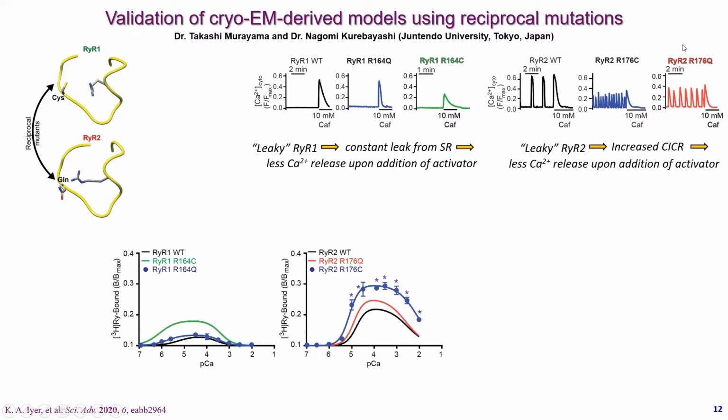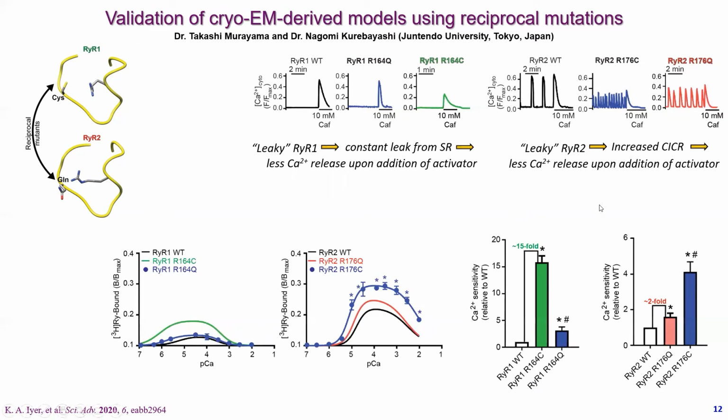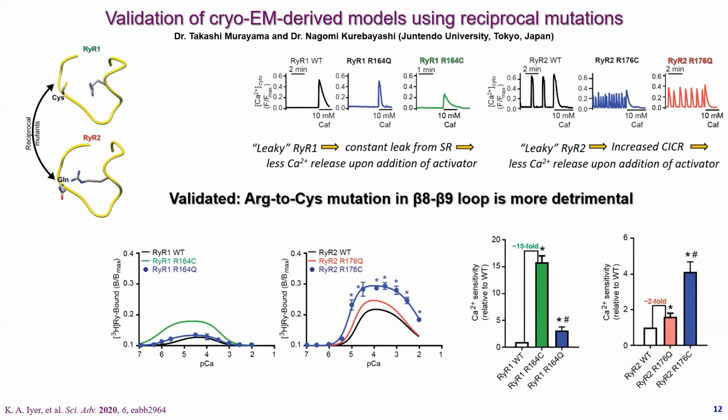A similar trend was also observed in radioligand binding assays as well as with respect to calcium sensitivity. Hence, we validated that the arginine to cysteine mutation in the beta 8 beta 9 loop of the N-terminal domain A is more detrimental than an arginine to glutamine mutation.